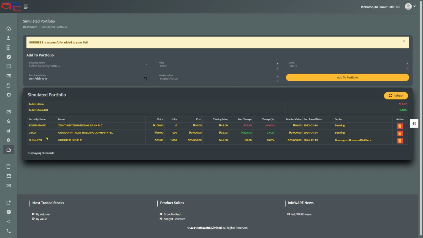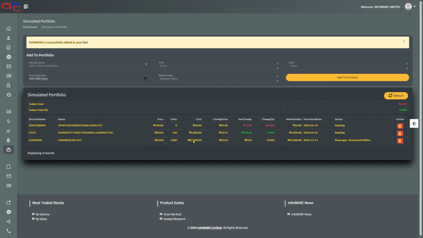But if you look at the stocks that were added earlier, let's say GTCO, for example. GTCO was added at 50 naira and 100 units were added. The cost at that time was 5,000, and the cost now is 5,000, based on price multiplied by units. Then you can see the net change now.